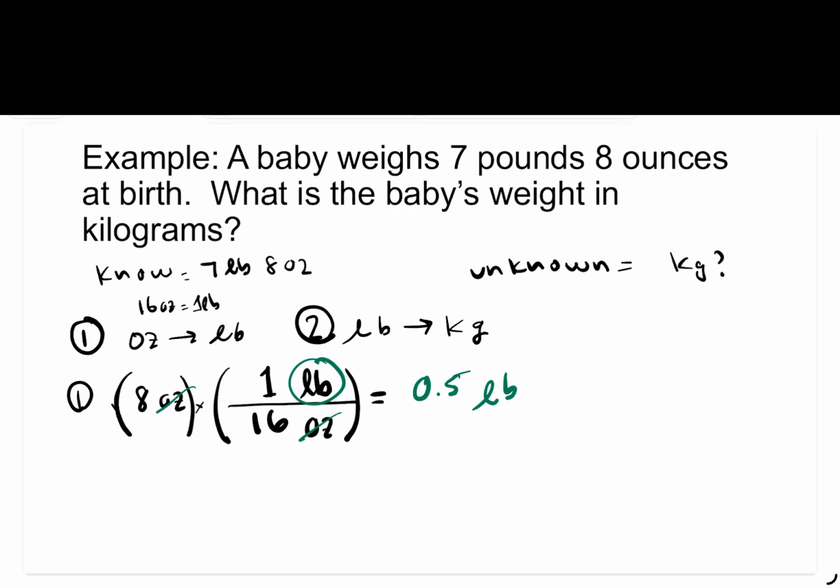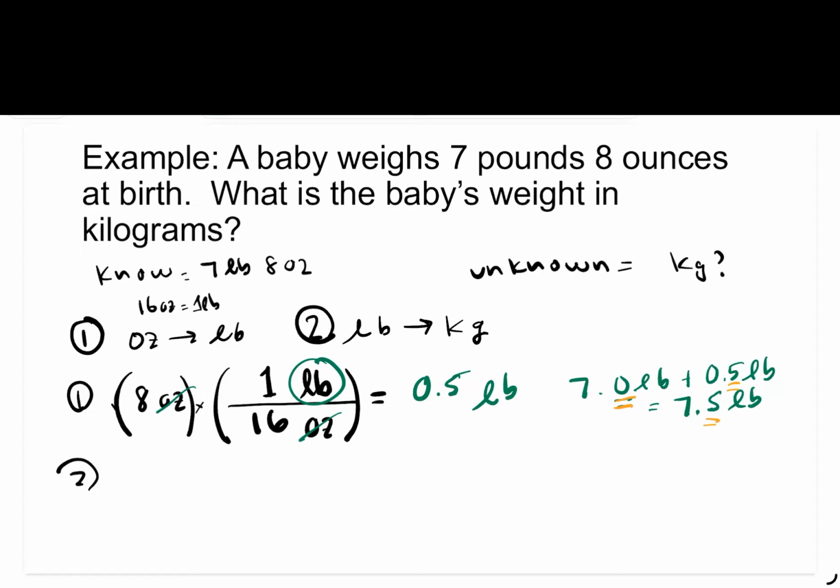Now that's just the 8 ounce part. So I need to say 7.0 pounds plus 0.5 pounds. And this gives me a total mass of 7.5 pounds. And I'm looking at my significant figures here because each one of these has a value in the tenths place. And I look at the area of least precision, then I get to keep this 0.5, which is a good thing because it's a valuable part of our problem.